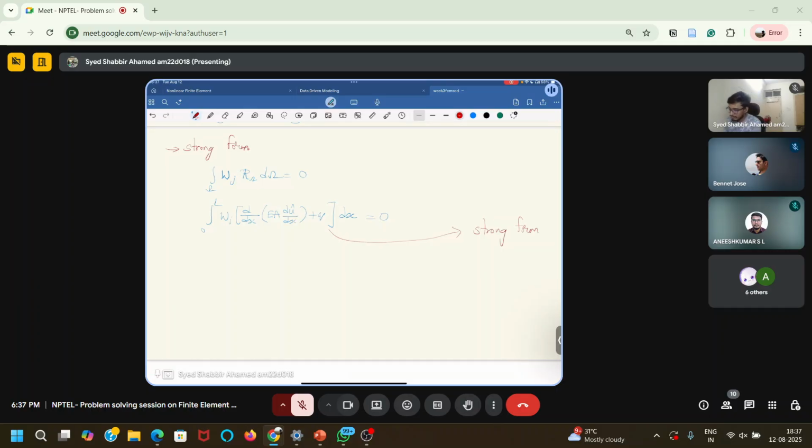And here you can see that the approximate function u cap is getting differentiated twice. So whatever u we assume here, if we are solving with this strong form, we have to make sure that u cap is at least differentiable two times.